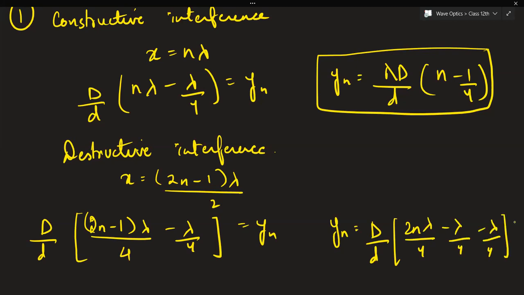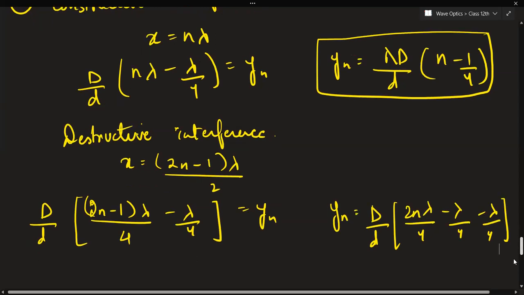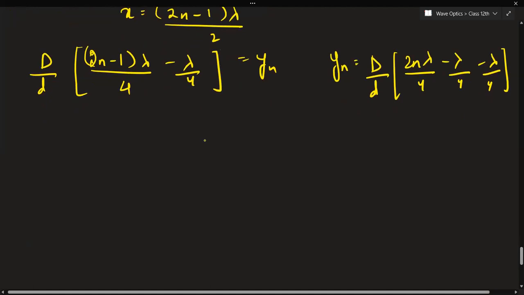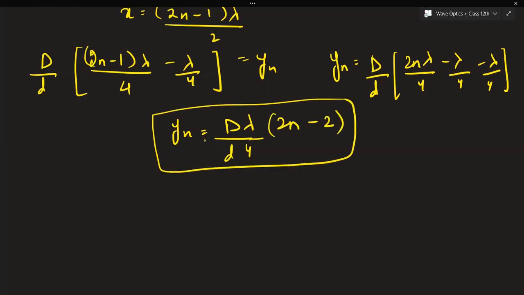If we expand it, yn will be capital D by small d, and lambda by 4 can also be taken common. We are left with 2n minus 2. Just check the calculations when you're writing. If there is any error, let me know.